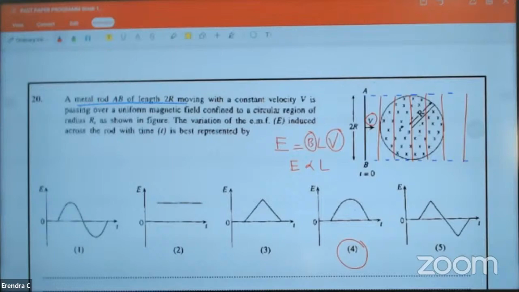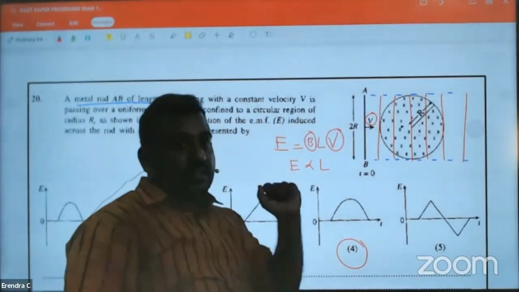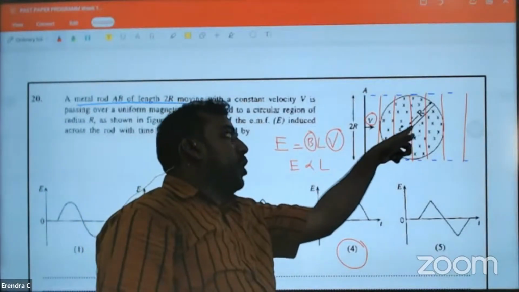Here the length gradually increases. If the length increases, the induced EMF will also increase. But the length is increasing non-linearly.